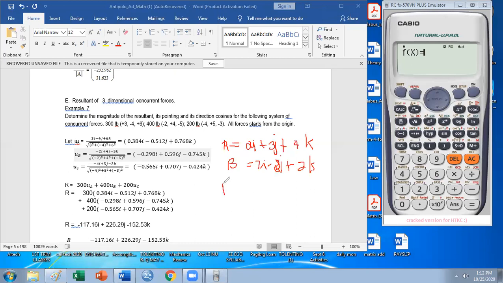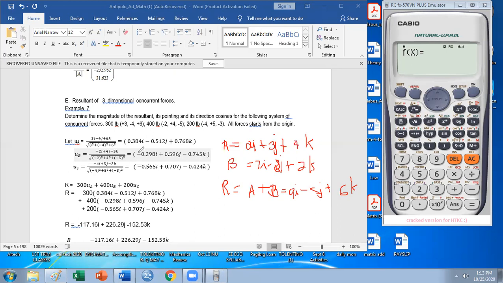So the resultant will just be A plus B. Add lang. So the resultant will just be 2 plus 7, 9i, 3 minus 8 minus 5j, and then plus 6k. Right, that will be the resultant.